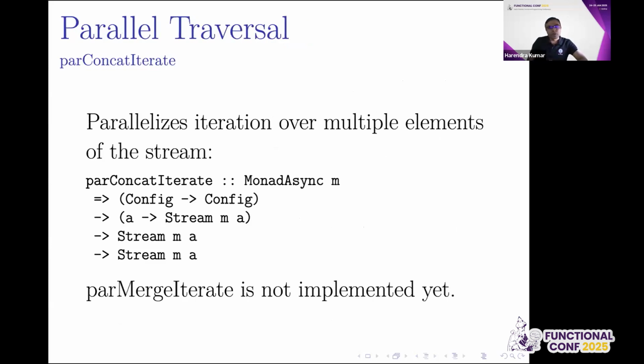Now, how do we do parallel traversal? We just use par concat iterate, which is a parallelized version of the concat iterate combinator, where it can do iteration over multiple elements of the stream in parallel.